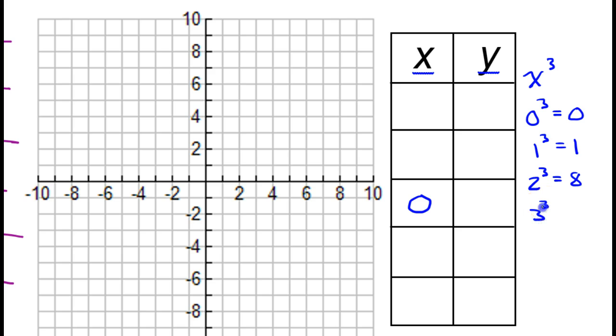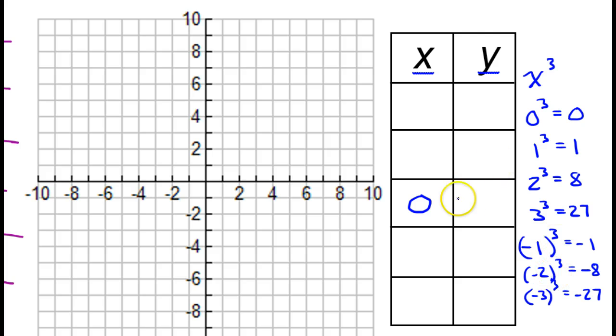If I have 3 to the third power, that's 27, because 3 times 3 times 3 is 27. On the other hand, if I have negative 1 to the third power, that's going to be negative 1. Negative 2 to the third power is going to be negative 8, and negative 3 to the third power would be negative 27.